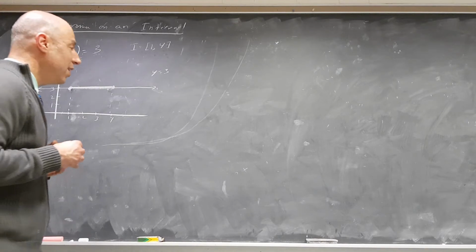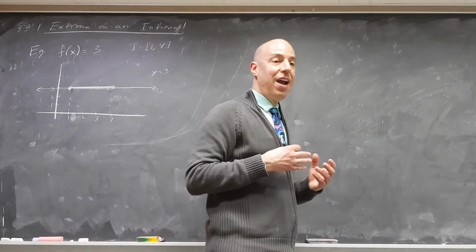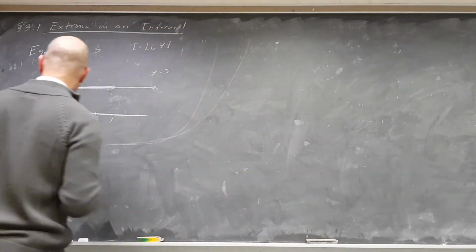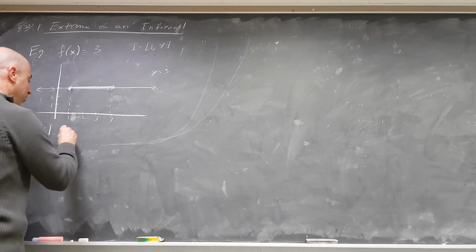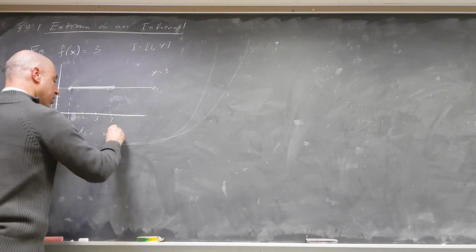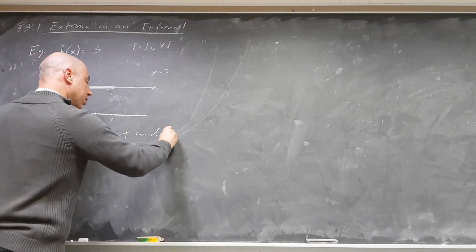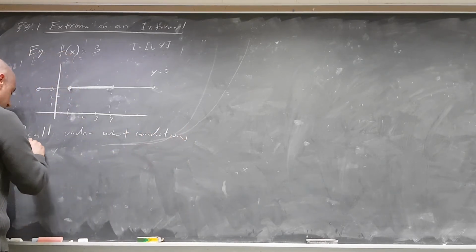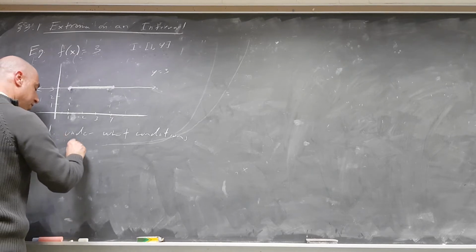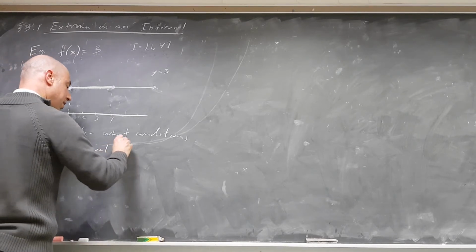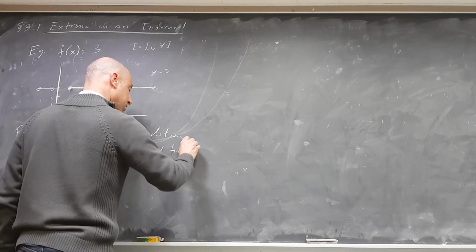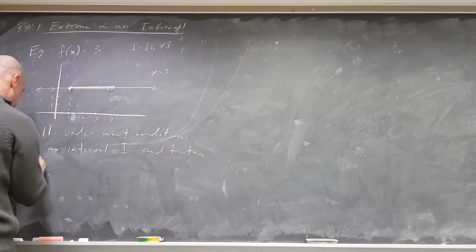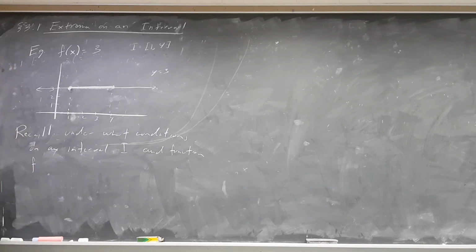So at the end of last class, I asked you a question, which was, under what conditions on an interval I and function f can we guarantee that f has an absolute max and an absolute min on I?